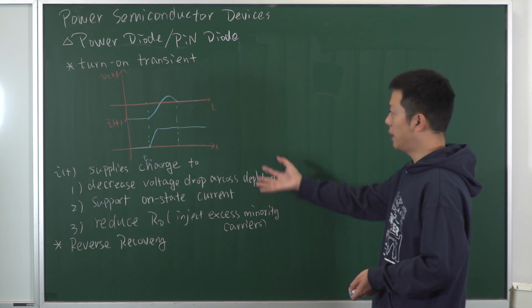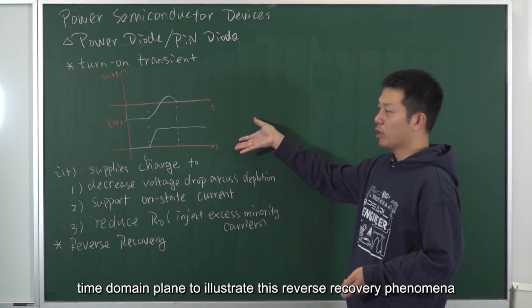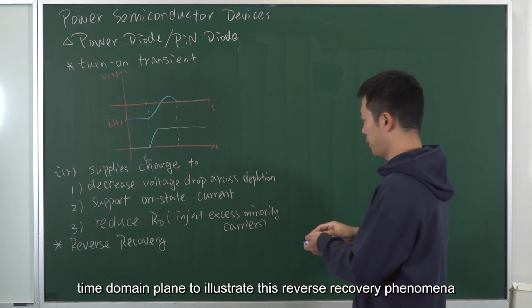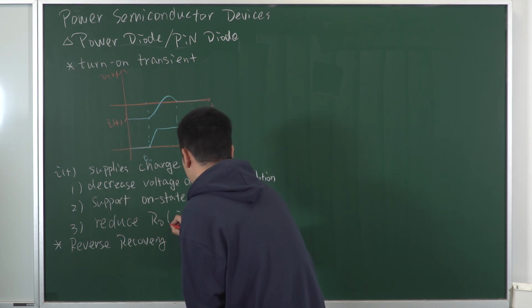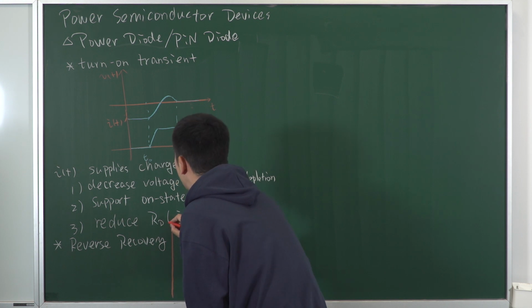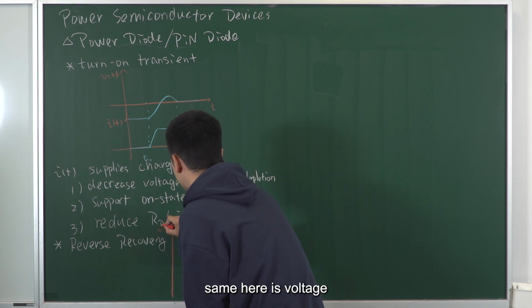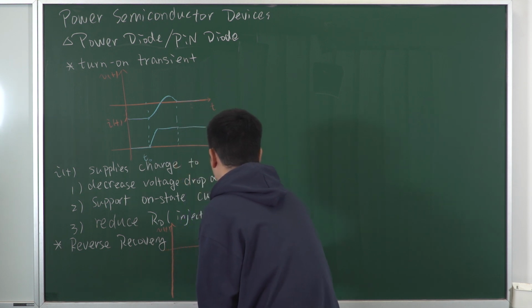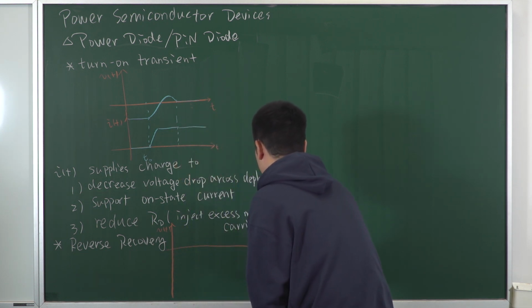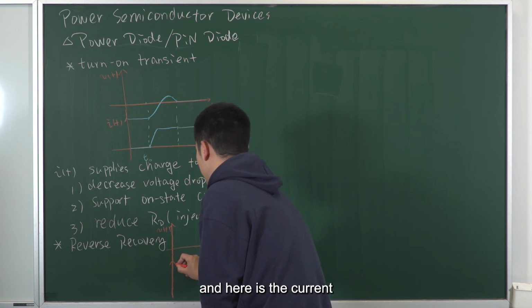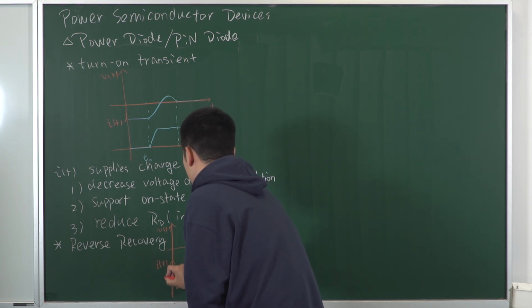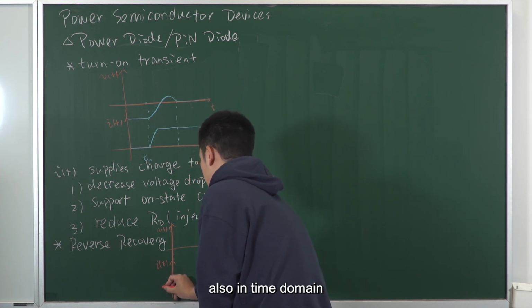We can also use a time domain plane to illustrate this reverse recovery phenomenon. Same as before, here is the voltage in time domain. And here is the current, also in time domain.